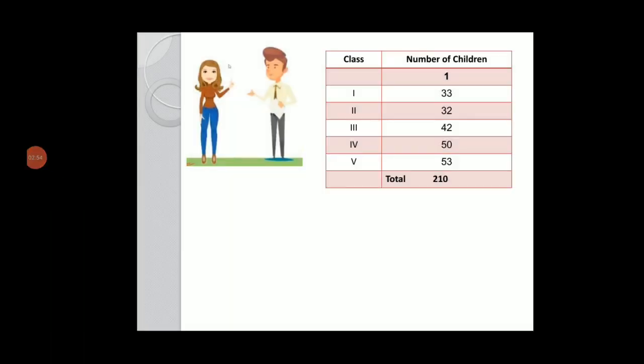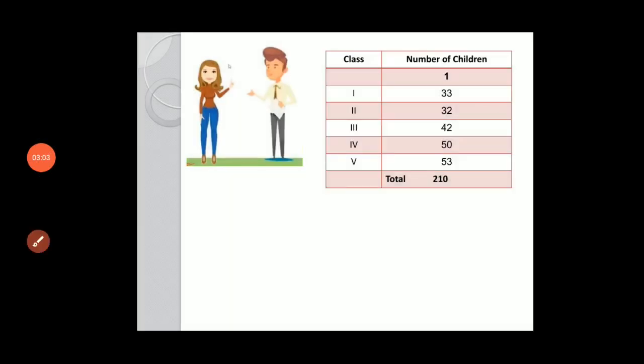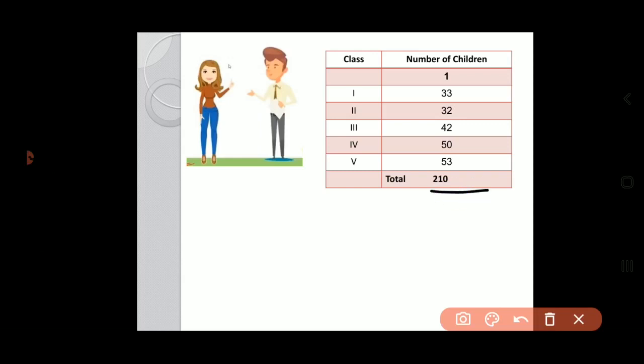Now for this we need to find out the total. So now we will add all the values. Adding, we get the total as 210. So the total comes to 210.